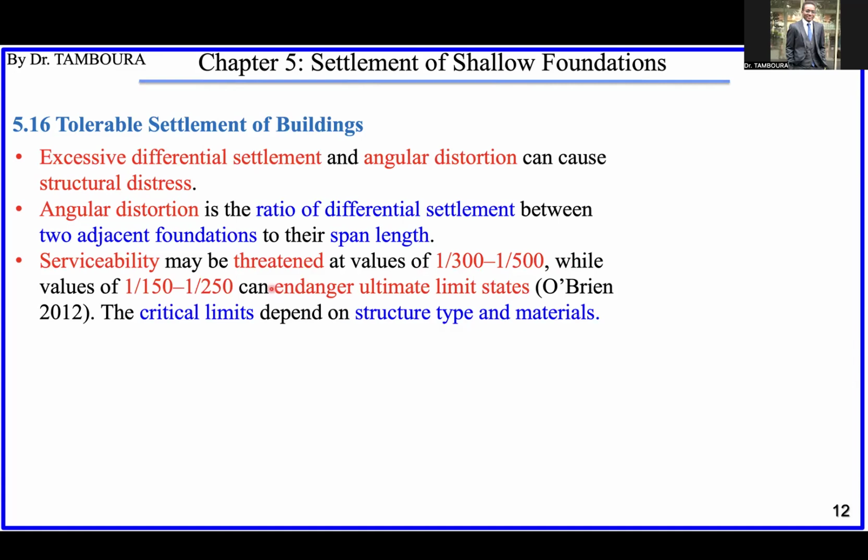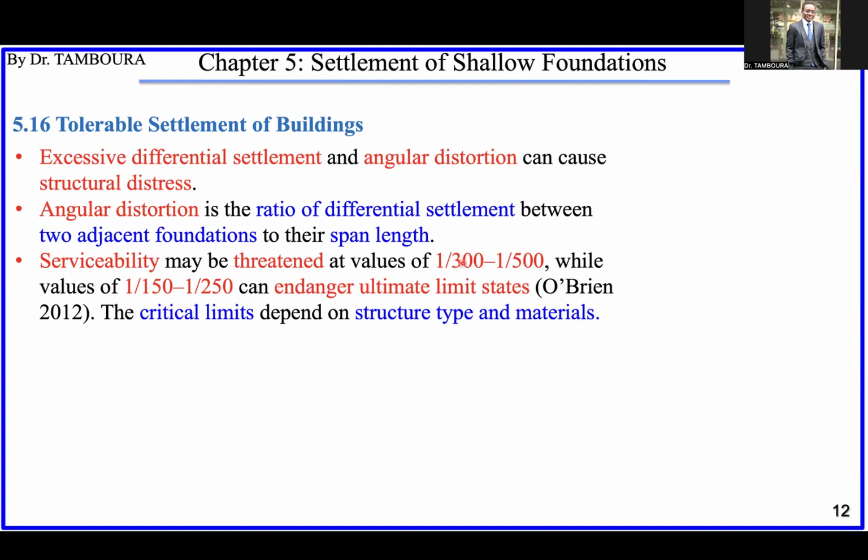Okay, but if you have this interval 1 to 150, 1 over 250, the building can be in danger, it is the ultimate limit state. So serviceability limit state is this interval, and ultimate limit state is this interval.